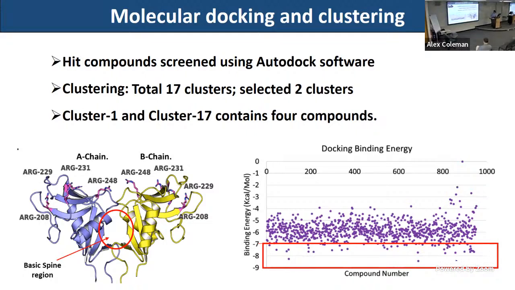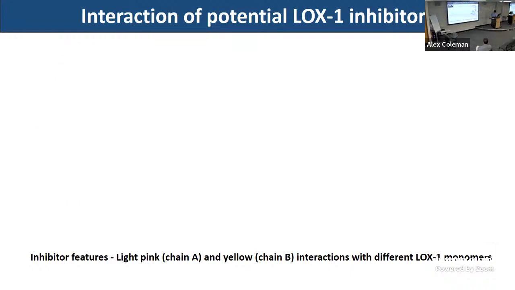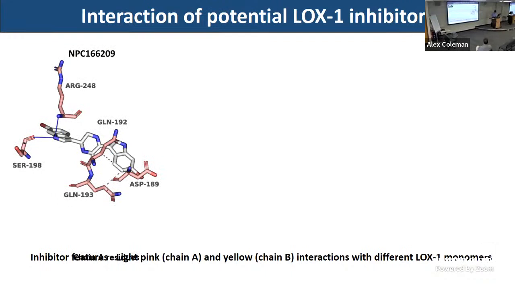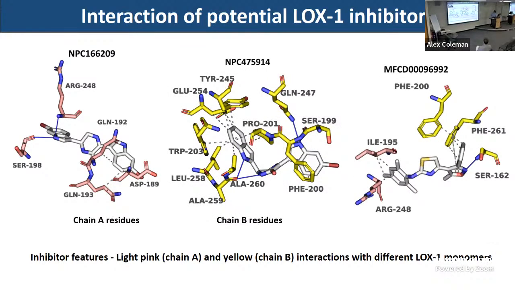If you see this CTLD domain, these are the residues involved in the interaction with oxidized LDL on the surface of that protein. And this is a basic spine, which is also responsible for interaction with oxidized LDL. So after docking, we check the interaction between protein and ligand. Some compounds interact with A chain residues, some compounds interact with B chain residues, and some compounds interact with both A chain and B chain.